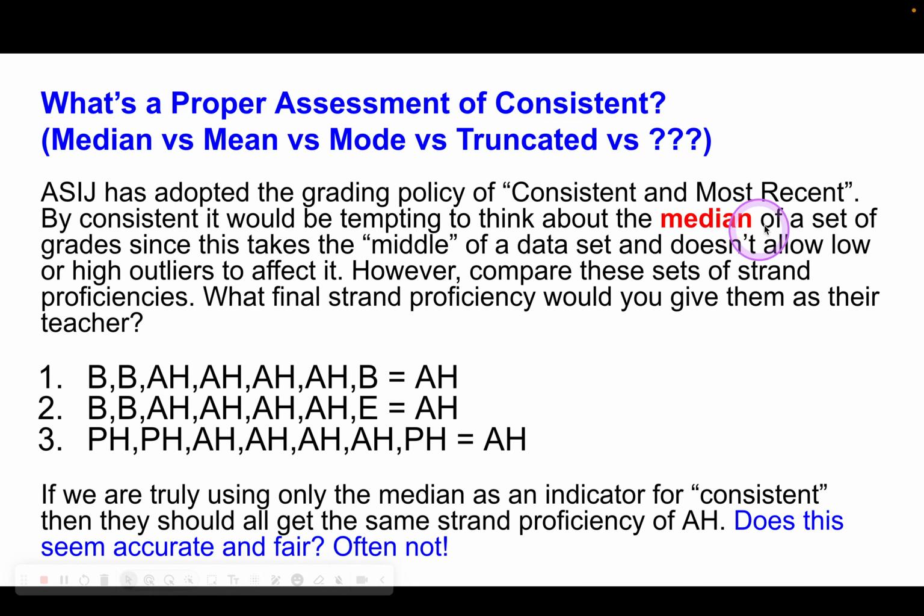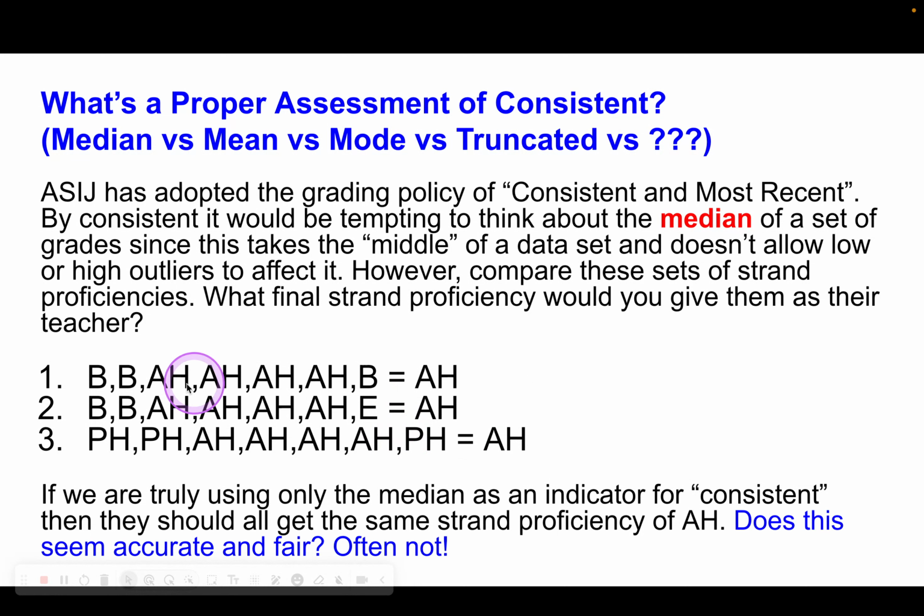If you were using the median, it just lines them up, looks at the center and says, what do you get? In each of these cases, because you have 4 AH's and only 3 of the other grades, no matter how you line this up, the AH is always going to be the median. So you can see here that AH is the median of all these three sets.